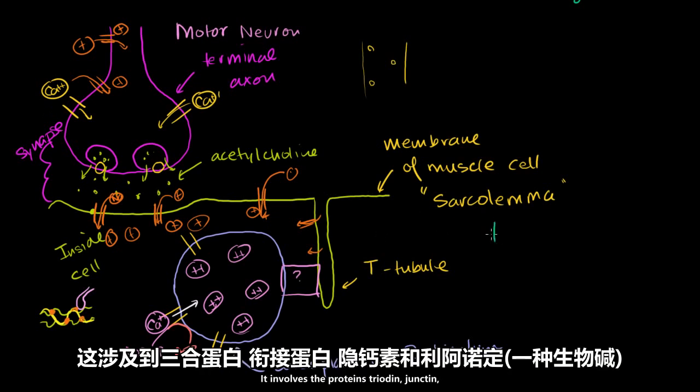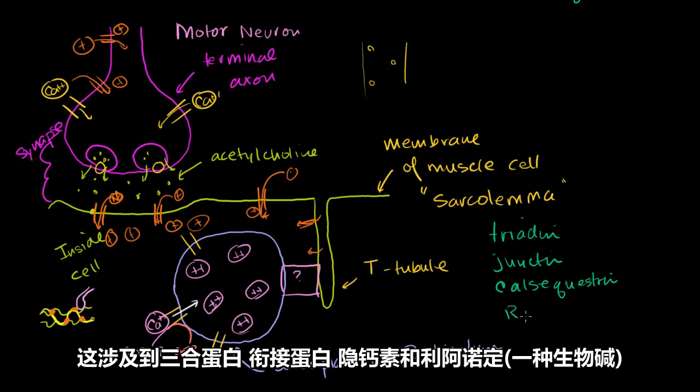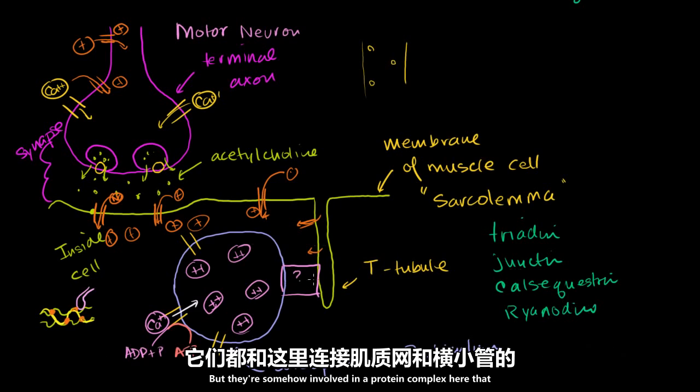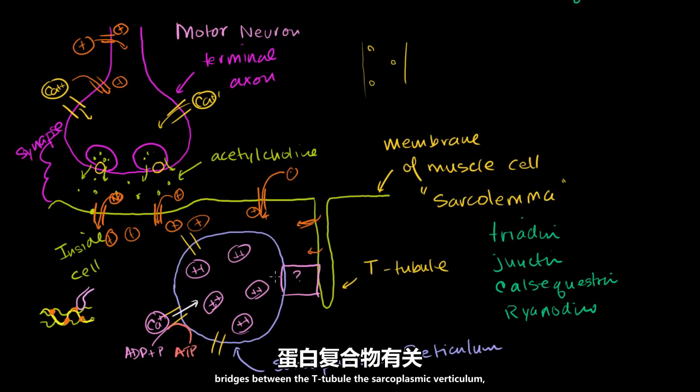It involves the proteins triadin, junctin, calsequestrin, and ryanodine. That they're somehow involved in a protein complex here that bridges between the T tubule and the sarcoplasmic reticulum.